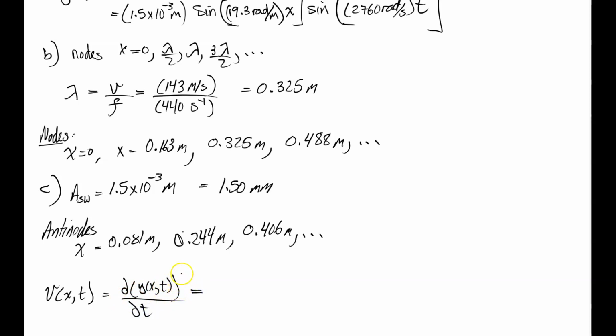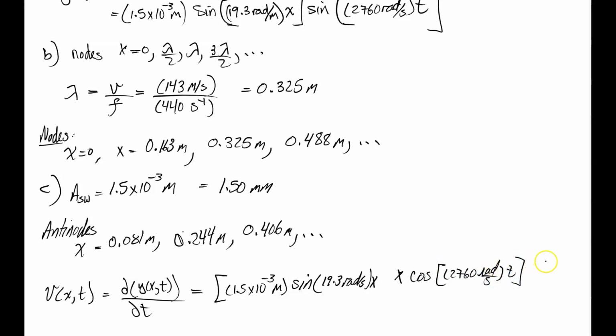We use partial differentiation here, so this is going to give us 1.5 times 10 to the minus 3 meters times the sine of 19.3 radians per meter x times the derivative of the time-dependent sine portion, which is going to be cosine of 2760 radians per second times t, and then times the derivative inside of the argument, which is 2760 radians per second.